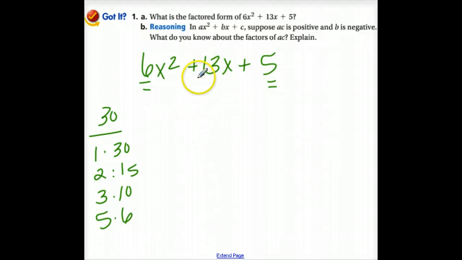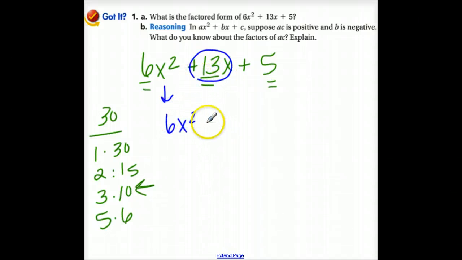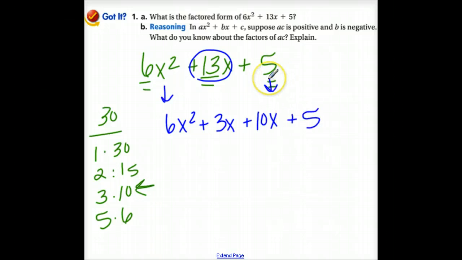We need them to have a sum of 13. So looking here, it looks like 3 and 10 will work. So I'm going to rewrite this as 6x squared. Instead of the 13x, I'm going to write plus 3x plus 10x, and then plus 5 for this term.